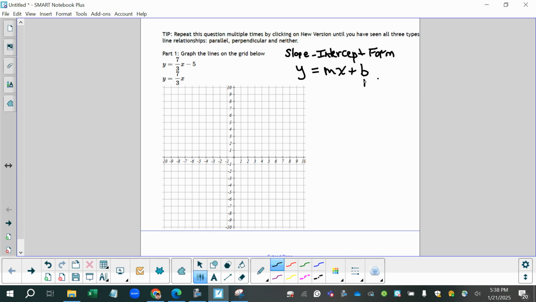The number that is just a constant with no variable attached would be the y-intercept, and it always has the ordered pair with a 0 for x and then some y value that we just call b in general. Then the slope is the number that is attached to x or next to x, and that is your rise over run, your slope.